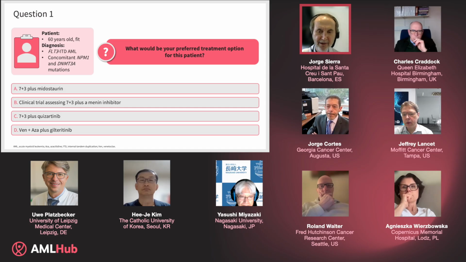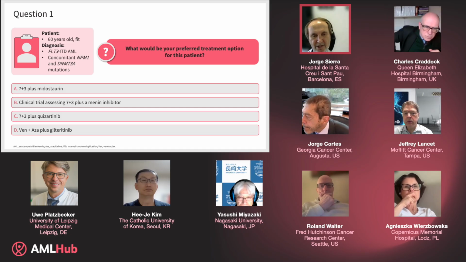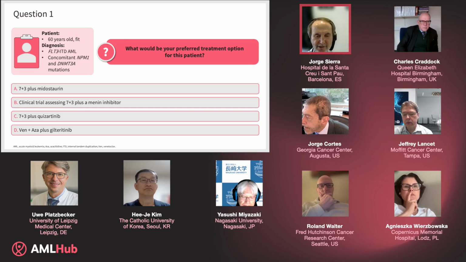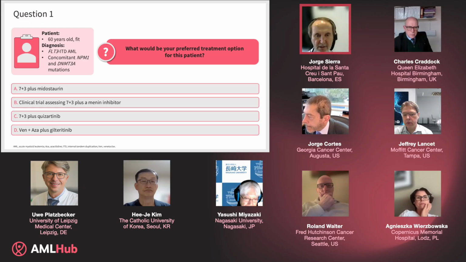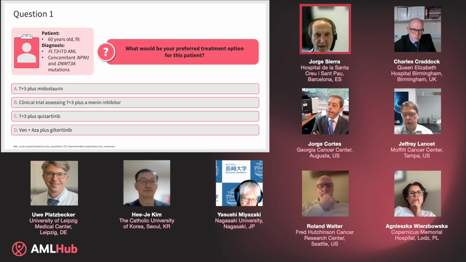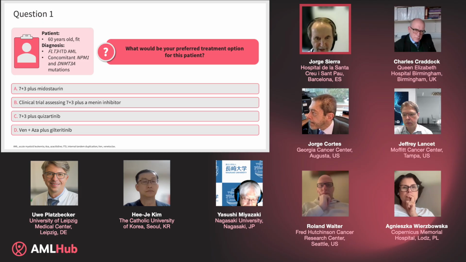I have prepared some quite simple clinical situations so that you interact and tell me what would be your preferred treatment option for this patient. This is a 60-year-old patient who is fit and has FLT3 ITD AML and concomitant NPM1 and DNMT3A mutations.